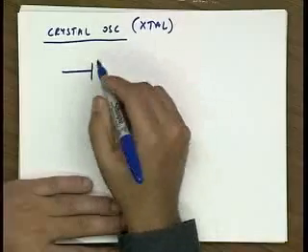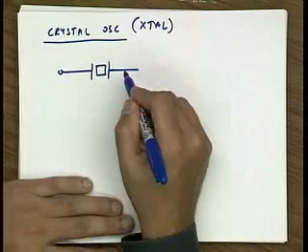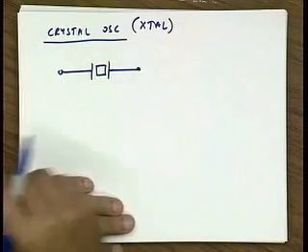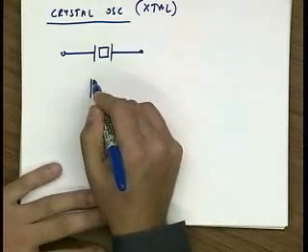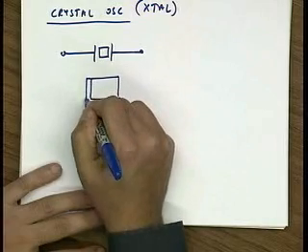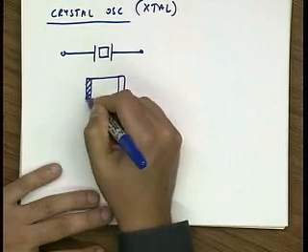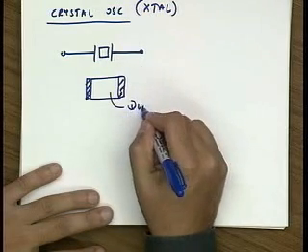So first of all, a crystal oscillator, what does the schematic look like? It looks something like this. And the reason it looks like this is that if you actually look at a real crystal resonator, it's usually a structure very similar to this. We have two plates, and in between we have a material such as quartz.